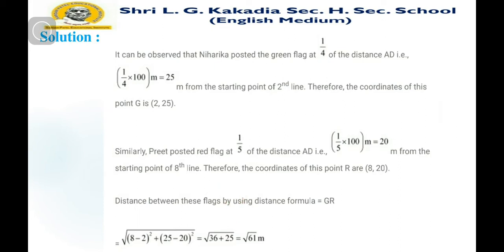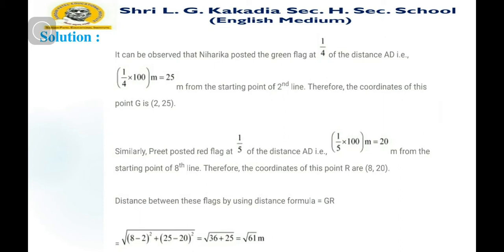So the distance between Niharika and Preet is square root 61 meter, which is near about 7.8 something.